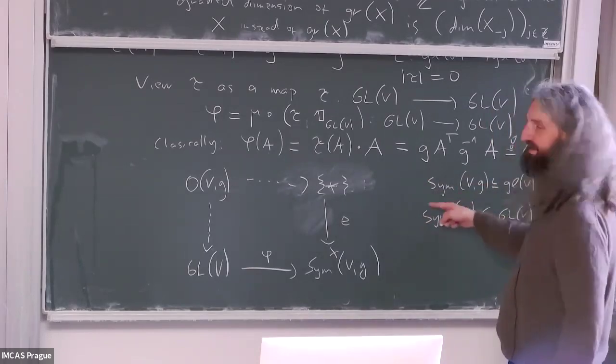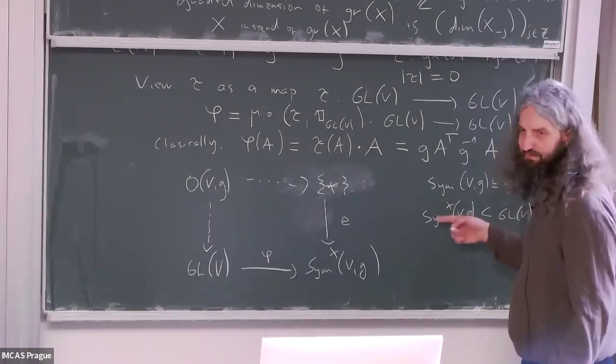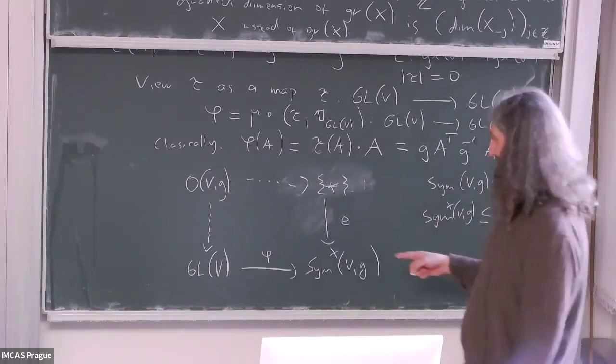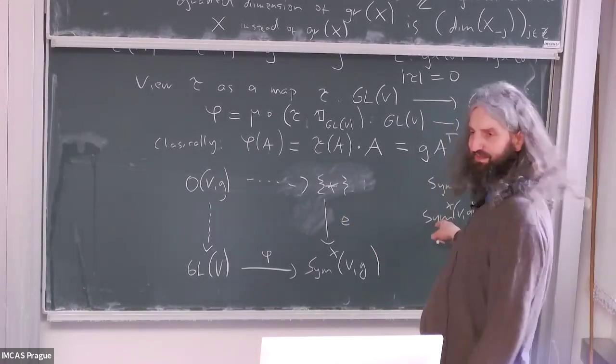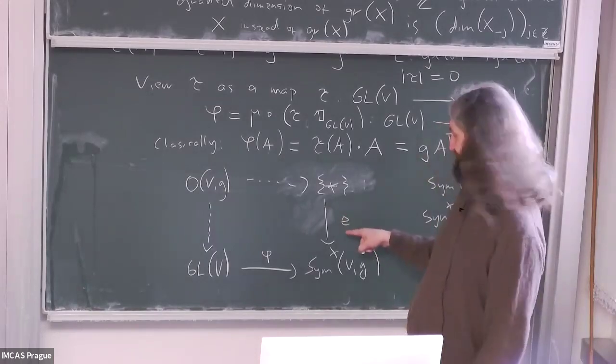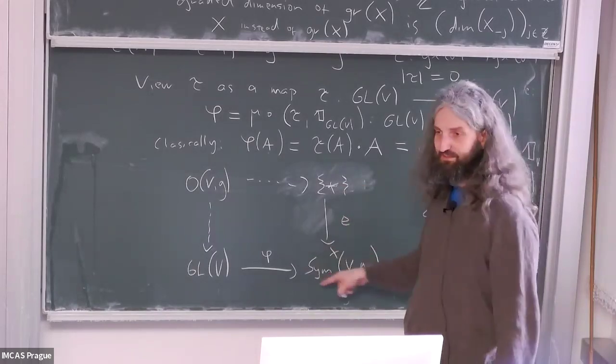So classically, this will be invertible symmetric matrices, but in graded geometry, it's not a set, but a graded submanifold. And then you prove that the unit factors through this submanifold, so you can view it without ambiguities as a map into this graded manifold.